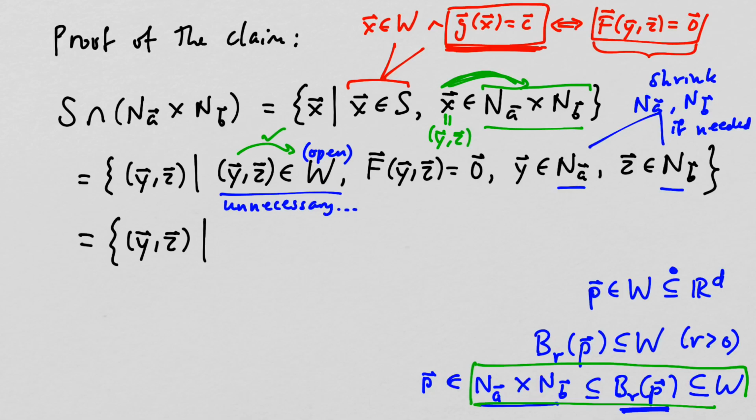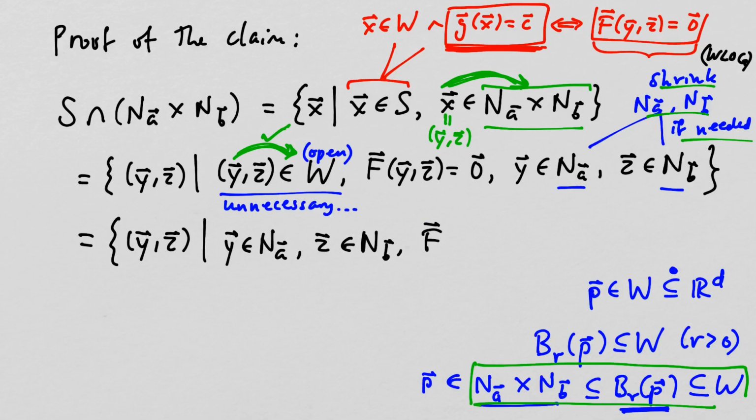Just the fact that X belongs to that Cartesian product already implies that X belongs to W, once we arrange that the Cartesian product sits within W, which we always can arrange by shrinking these neighborhoods if necessary. And so then we don't have to write that condition anymore. So it's like without loss of generality. Okay, then we can delete that unnecessary condition, and just copy all the other ones.